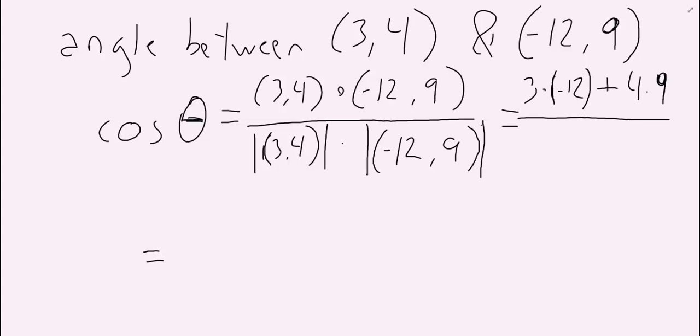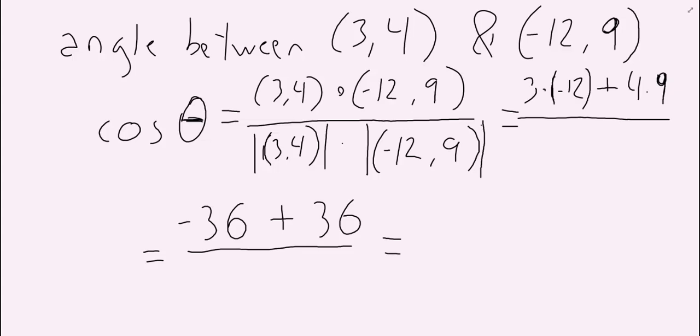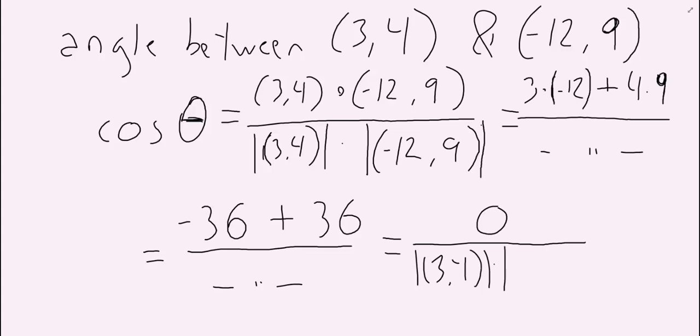3 times -12 is -36 plus 4 times 9 is also 36, divided by, so what we end up with here is 0 divided by the lengths of the vectors, and obviously the lengths of the vectors don't matter. Whatever we divide into 0, we're always going to get 0.